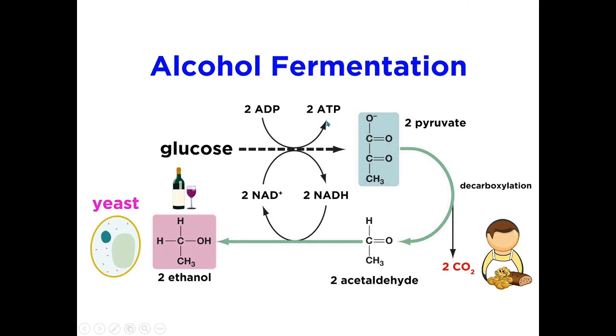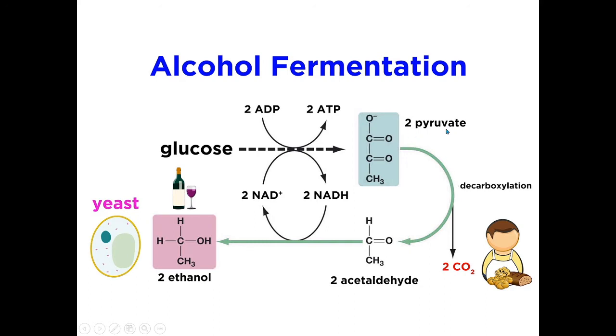Here, two ATP net gain and two NADH formation take place. So the ultimate products formed during glycolysis are two molecules of pyruvic acid. This pyruvic acid is broken into ethyl alcohol and carbon dioxide in anaerobic respiration.